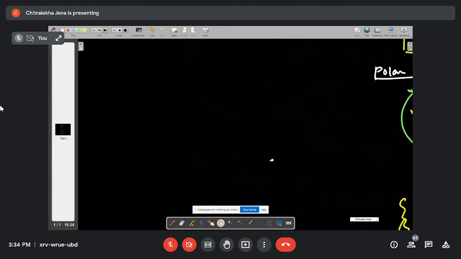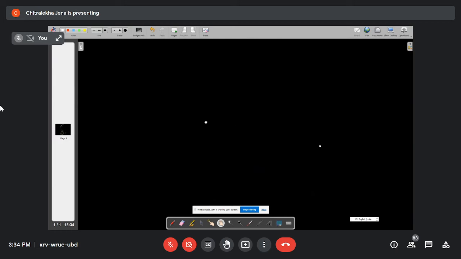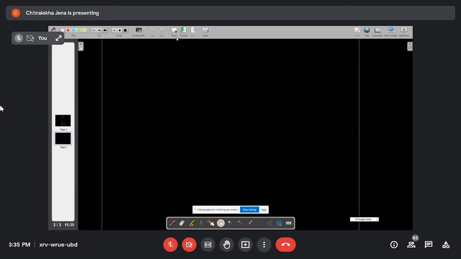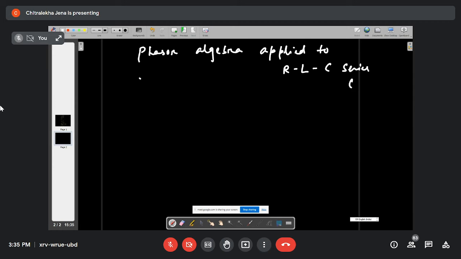Now we will apply phasor algebra to the RLC series circuit. Make a heading: Phasor algebra applied to RLC series circuit. This one is your last circuit.